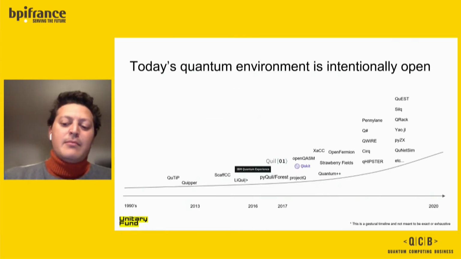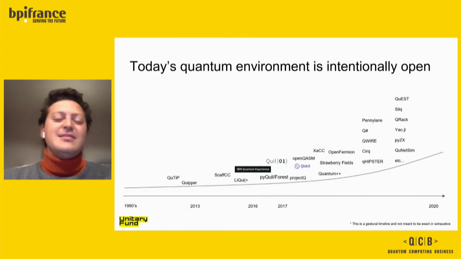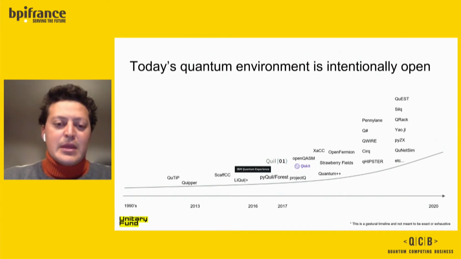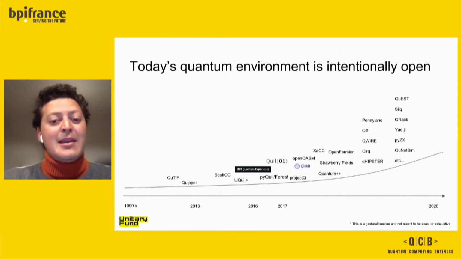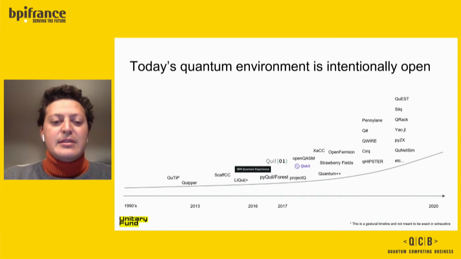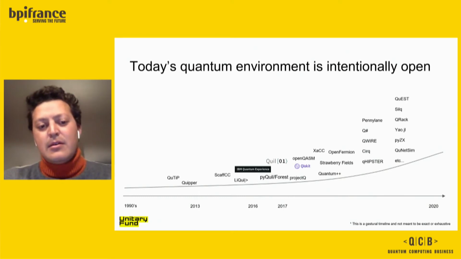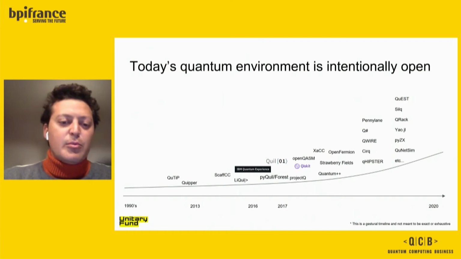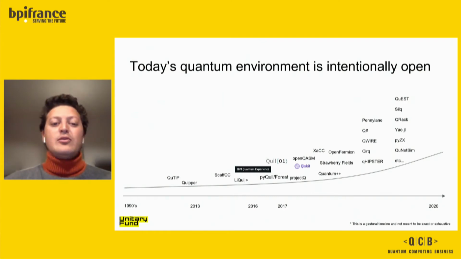So where does the quantum ecosystem come in? This is a graphic that is missing many of the players and many of the amazing projects, but it's just a depiction to show that we started from grassroots and now robust projects in academia, which began fairly recently compared to other open source projects beyond quantum.